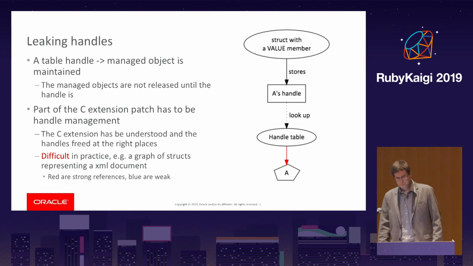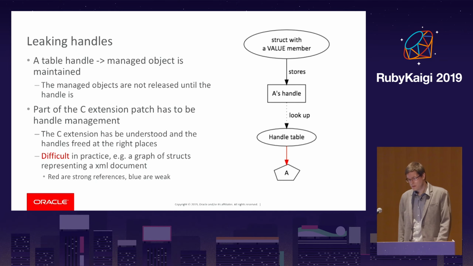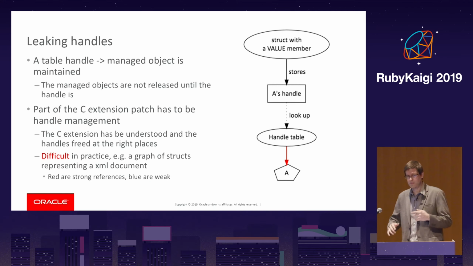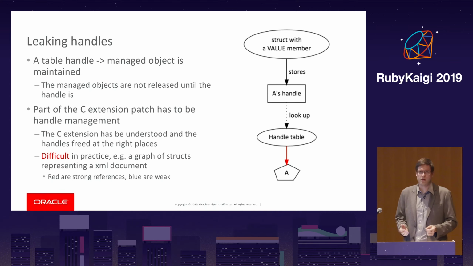The next problem we had is leaking handles. As I said, the objects were kept with a strong reference from the handle table unless you manually freed them, which meant for us that we had to go over the C extensions, understand them, and release the handles in the right places.